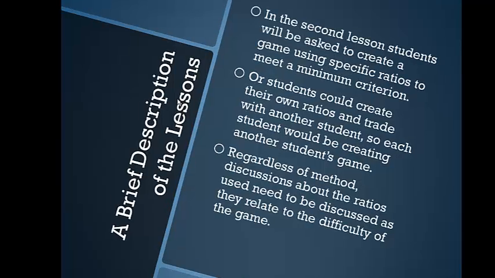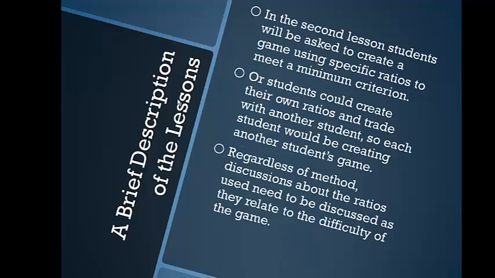Or teachers could instead have students create ratios and exchange the ratios with other students, so the students are actually doing the work themselves. Teachers should make sure that they create a rubric for students to follow. There needs to be a minimum criteria in order for students to do this. Regardless of the method, whether the teacher creates the ratios or the students do, the ratios need to be discussed as they relate to the difficulty of the game.